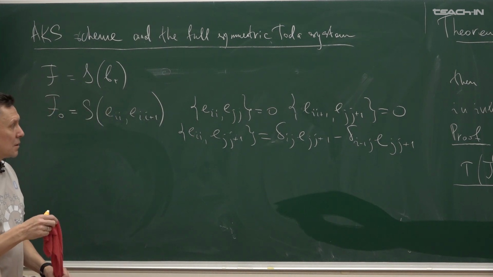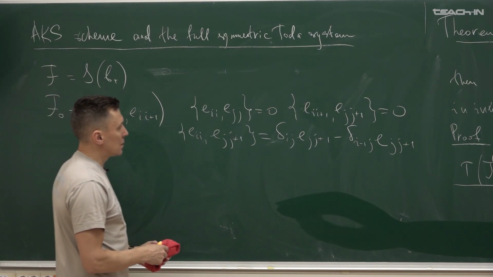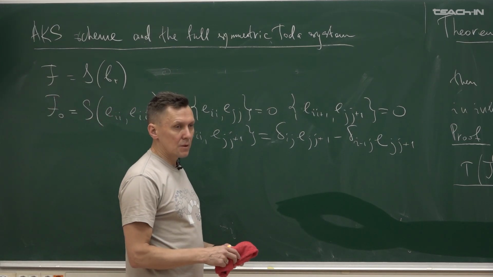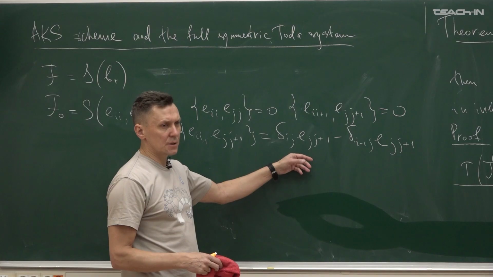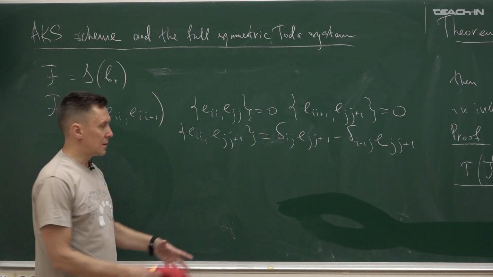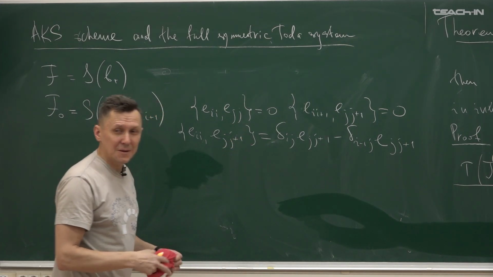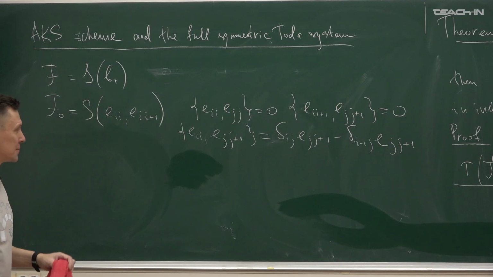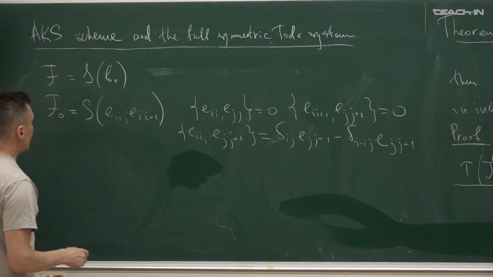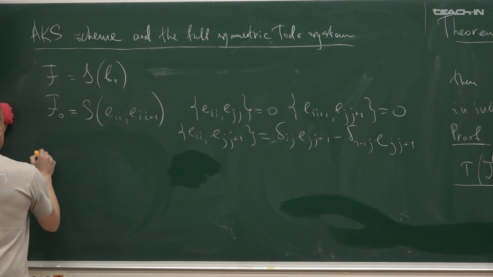The same thing with the delta. It's skew symmetric. You remember, a Poisson bracket should be skew symmetric. So there is such a procedure.